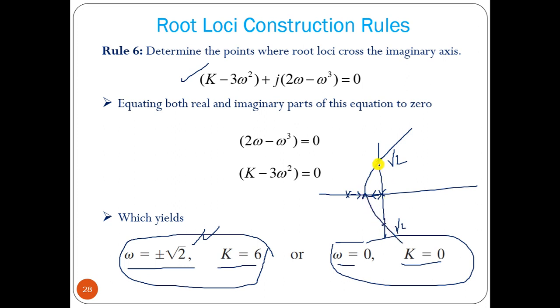At this point the value of k should be equal to 6. So we can find out the intersection point with the imaginary axis, the omega value, and we can find out what the value of k should be. So for 0 less than k less than 6, the system will be stable. Equal to 6, marginally stable. Greater than 6, unstable. That we can decide very easily.